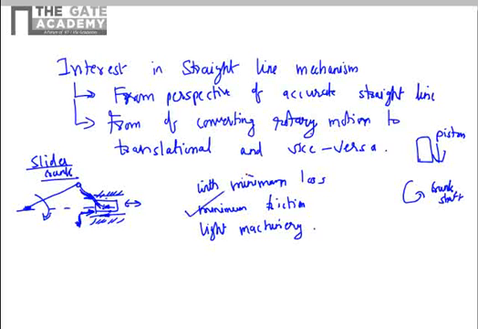So you want to minimize friction. Because of lateral thrust and friction, there is loss. You want to minimize loss, and to accommodate this lateral thrust, you have to keep thrust bearings. So your machinery will be complicated. So light machinery. All these three requirements are not met by the slider crank.